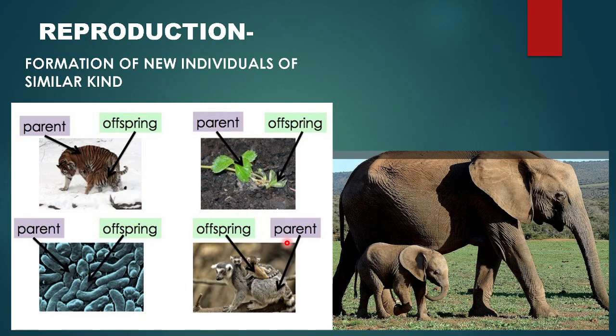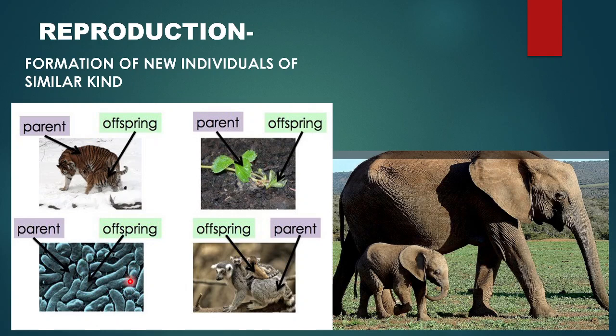Now, what is reproduction? Reproduction is formation of a new individual from a parent of its own kind. So, for perpetuation of the species, for continuation of the species, reproduction takes place. Now, some pictures I've kept here. There's the parent and the offspring, the tiger and the cub, then the main plant and the young plant here, which is the offspring.